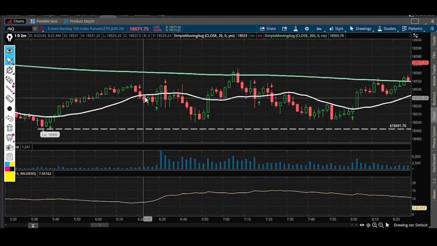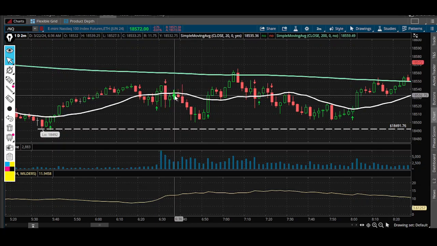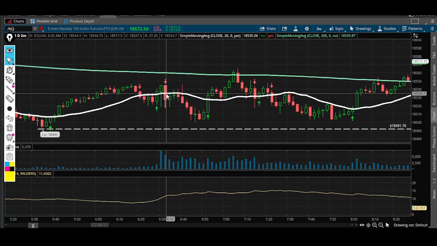Now, on this particular short position here at 6:32 that sets up, it does not confirm until 2, 4, 6, 8, 10 minutes later, and the low price would have been 18,517. It's a 27-point candle range.